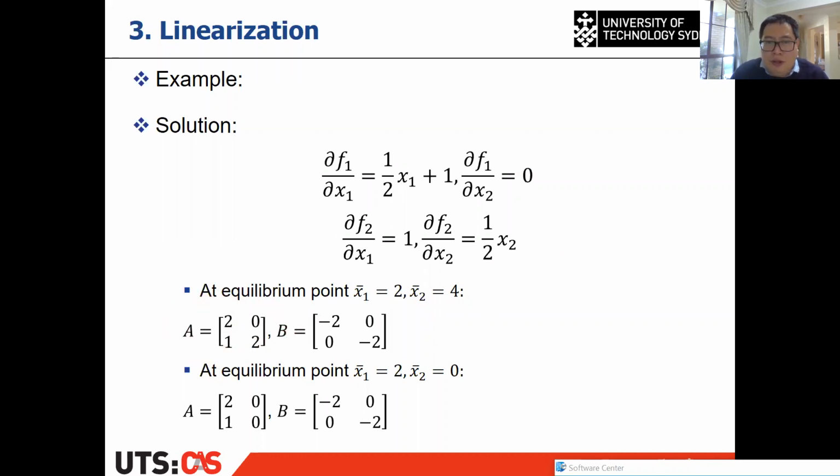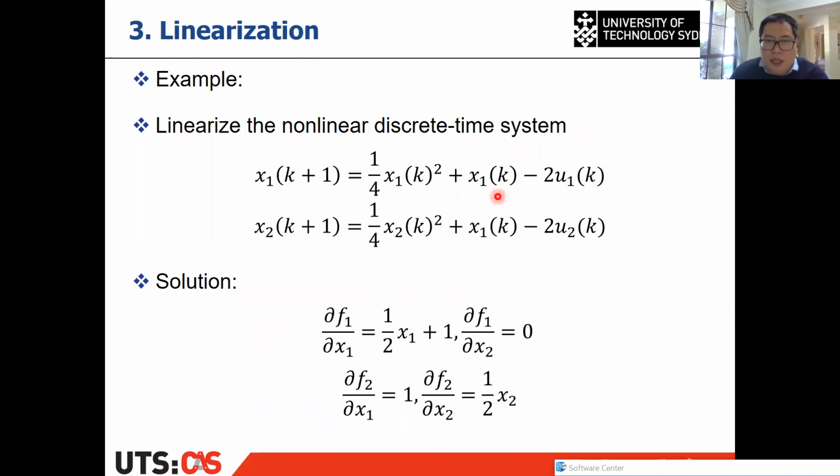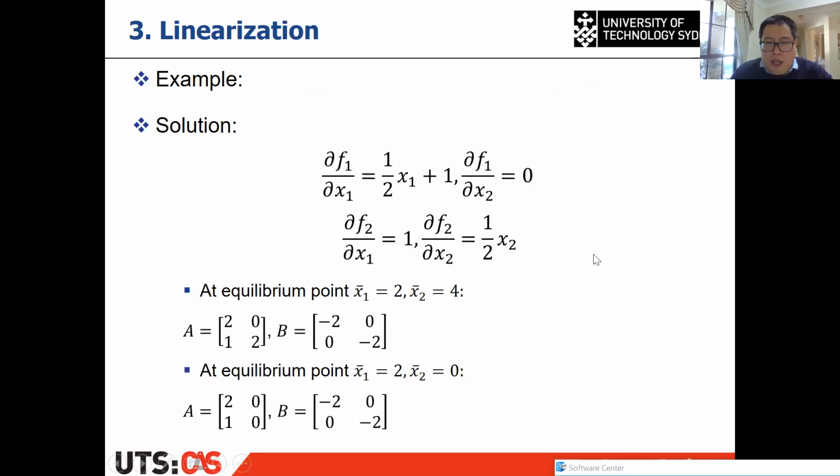And the B matrix is exactly the same. If we calculate the partial derivative with respect to u1, then that is 1, and that is 2. If we calculate the partial derivative with respect to u2, then that is 2 as well. Then we have the B matrix like this.